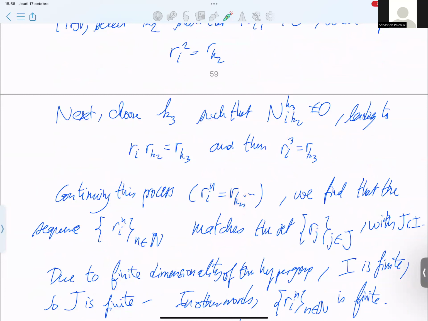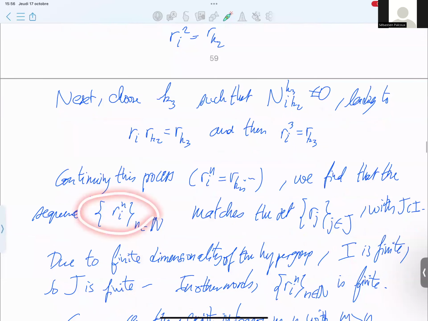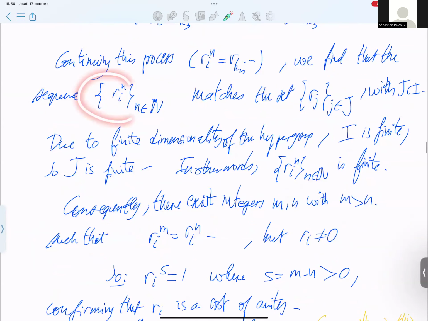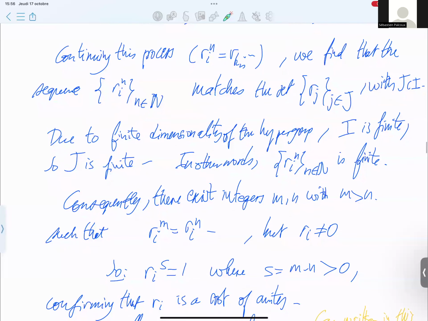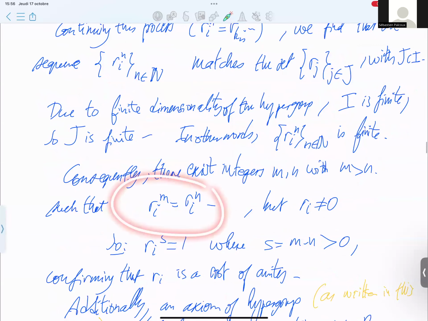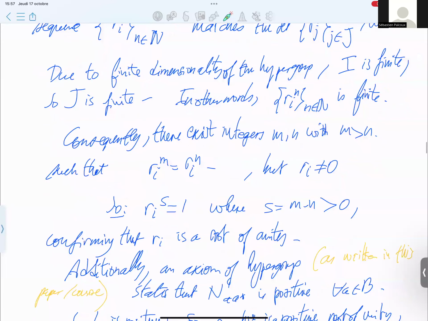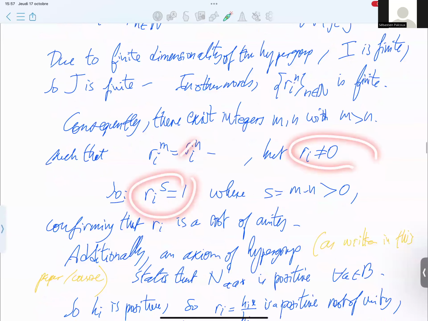Because it's finite dimensional, you have finitely many indices, so this set is finite. So there is some cyclicity here. This means you have two different powers which are equal, and it's not zero, so you can simplify and you get a root of unity.